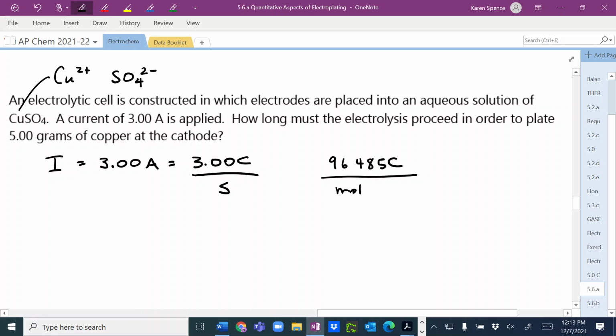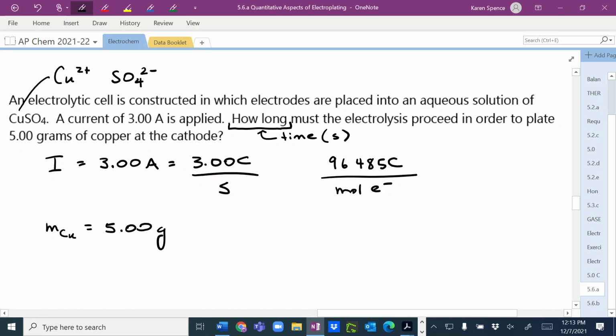Mole of electrons. How long? What does it mean when it says how long? Time. And because it is not specified, you might as well do seconds because then you have to do less converting. Yes? And we know that we have the mass of copper, which is 5.00 grams.